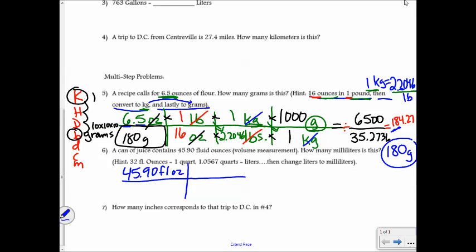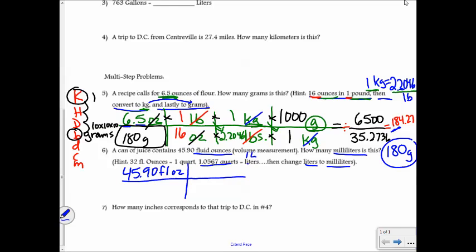So we need to go from fluid ounces, a volume measurement, to milliliters. Well, it tells you in the hint, 32 fluid ounces equals a quart. This many quarts equals 1 liter. This is 1 liter. Then change the liters to milliliters. So you'll have to do a King Henry at the end there.